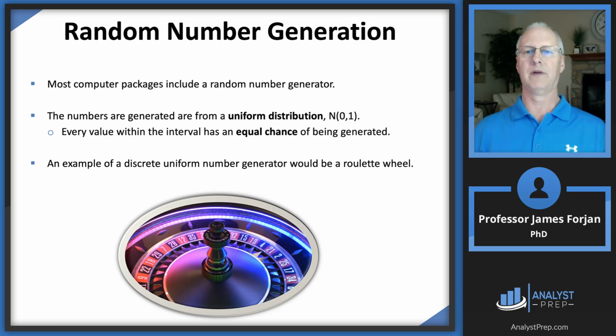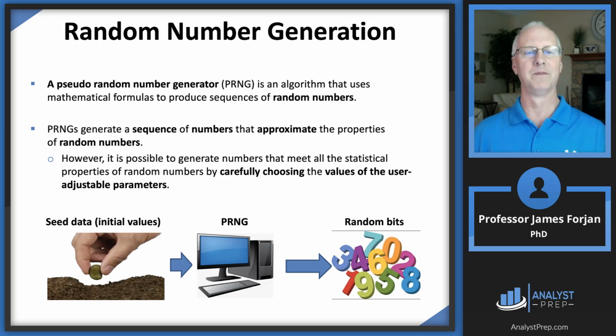They're generated from the uniform distribution, which means that within that interval, every value has an equal chance of being generated. A discrete uniform number generator would be a roulette wheel, and I have had almost zero success playing roulette over my lifetime. How about a pseudo-random number generator?